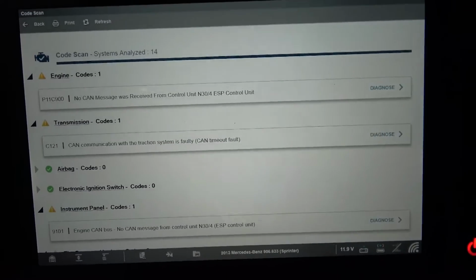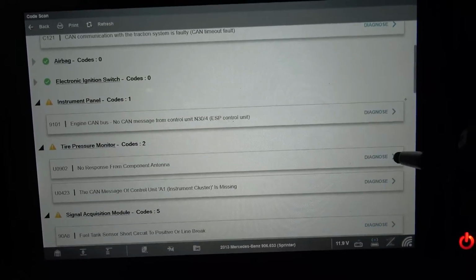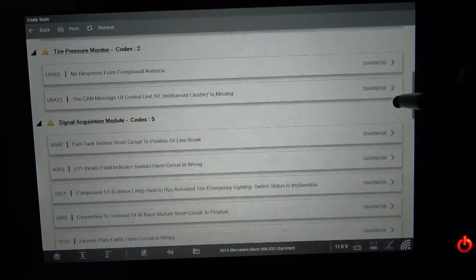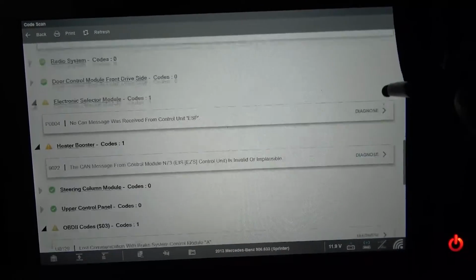Oh, my scan tool battery is about to die. So let's scroll down and see what else we have. We have a bunch of trouble codes over here.